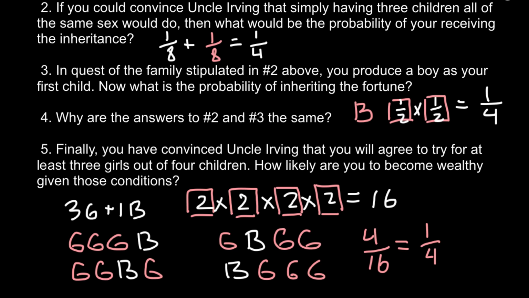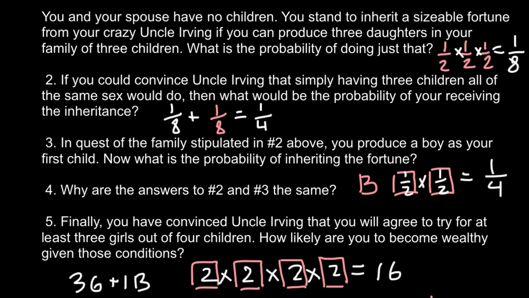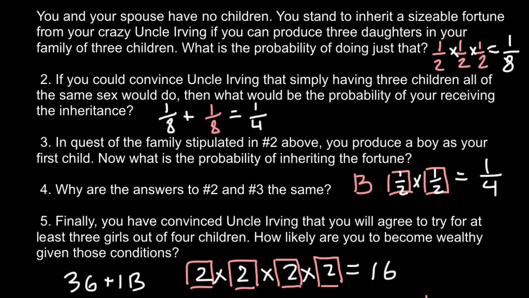And this is the same answer as we got here, except for what we got in our first variant, which gave us 1/8. So all the rest of the variants would give us 25% chances to inherit this fortune.